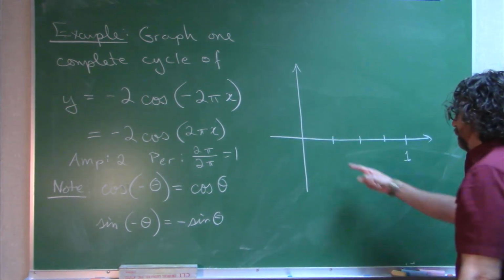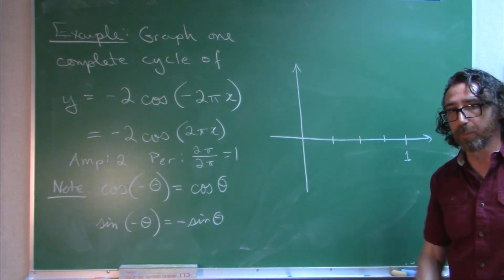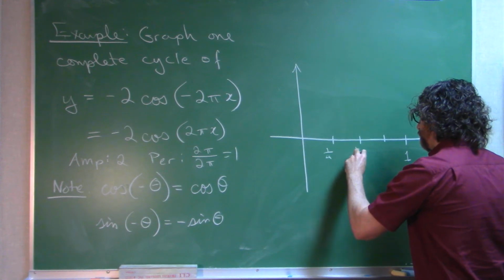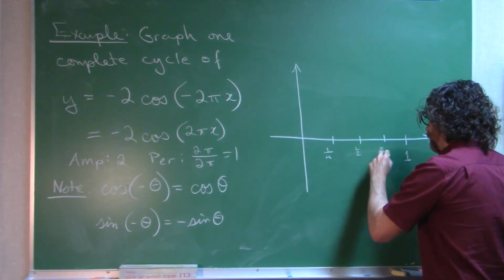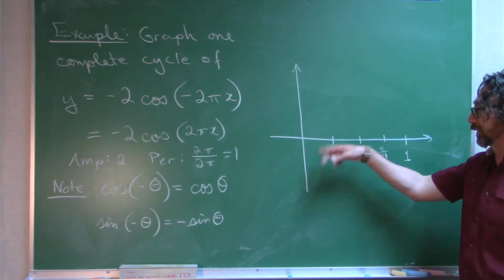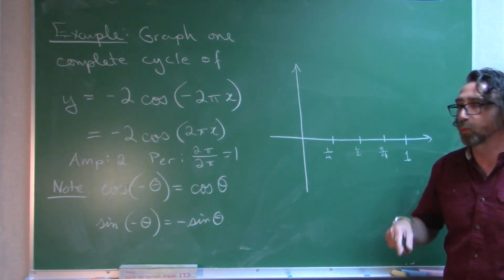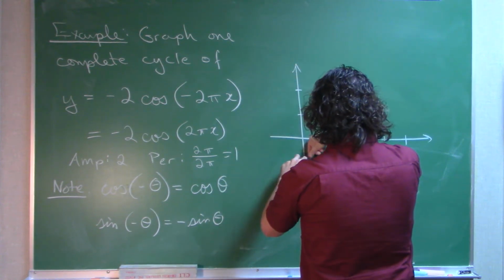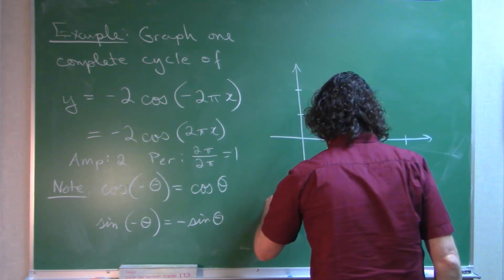That's my complete cycle divided into 4 pieces like always. If one complete cycle is 1 unit, and I divide that into 4 pieces, each piece is 1/4 of a unit.